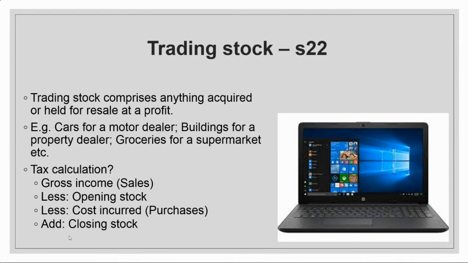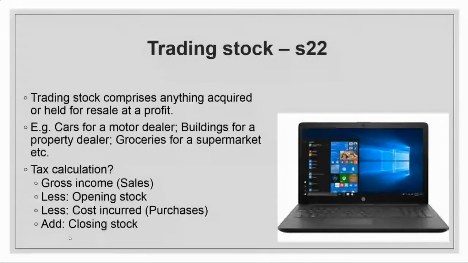Now, how do I actually calculate it for tax purposes? Firstly, in the gross income, you would document the sale that you've made. Then under the allowable deduction section, you would deduct the opening stock, you would deduct the purchases, and that includes any cost that you've also incurred in getting that trading stock to the location and condition that it is required to be in.